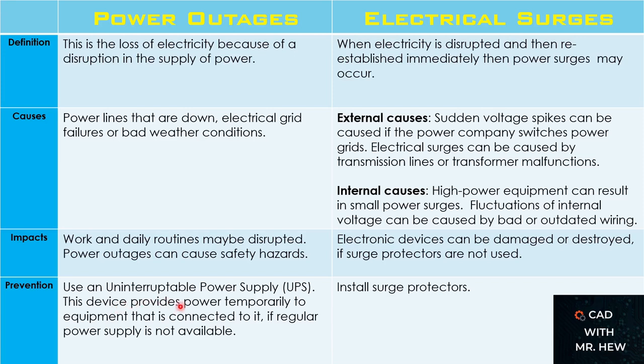This device provides power temporarily to equipment that is connected to it if regular power supply is not available. Let's look at the prevention techniques or strategies you can use for electrical surges. Install surge protectors.